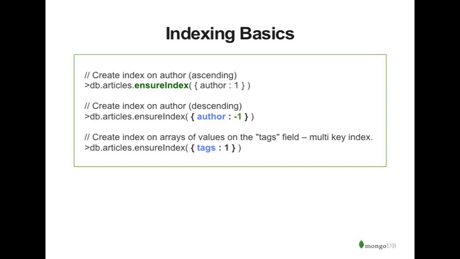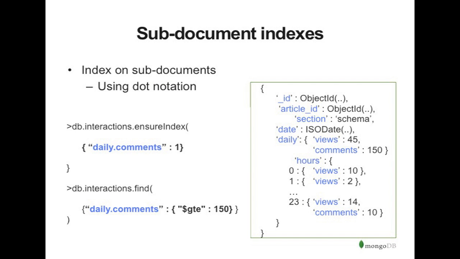Each and every element in the array will be indexed when index entries are created. You use the getIndexes command to find out on a given collection what indexes have been created, and then you can add missing indexes or drop unnecessary indexes.